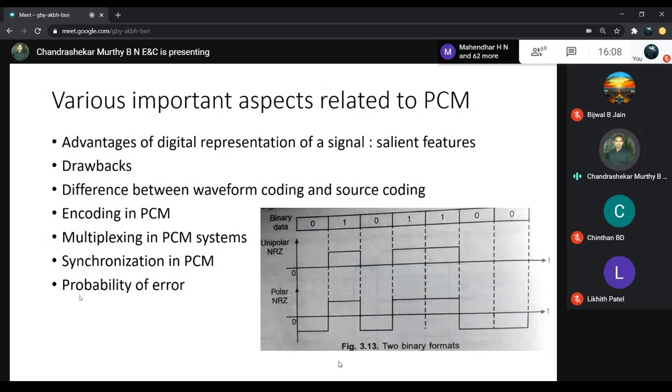Before transmission we do quantization, and after that, at the receiving side, we again convert the quantized signal into an analog signal using the quantization steps. So quantization noise occurs on both sides.